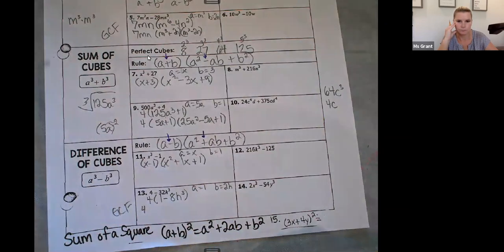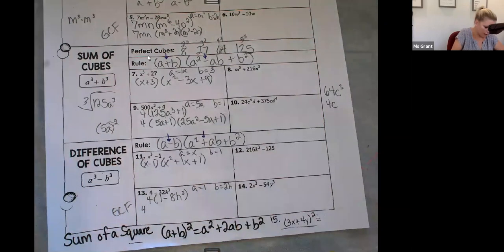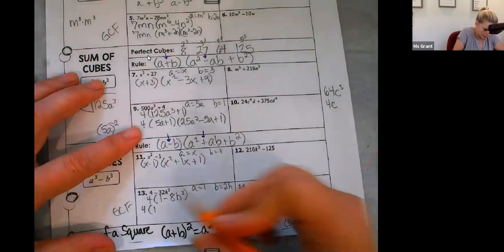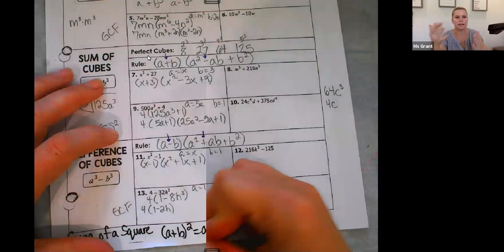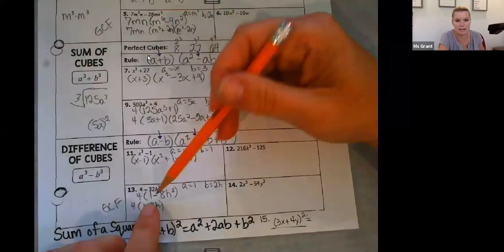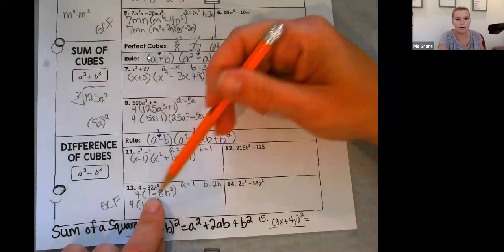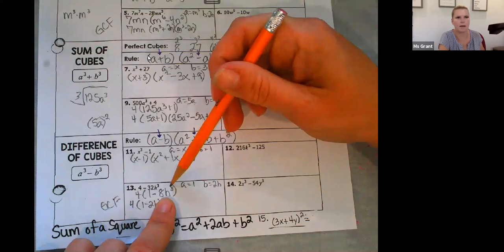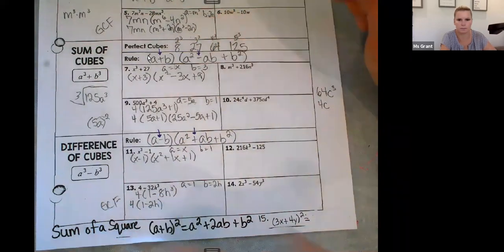So a minus b: 1 minus 2h. It's fine that it's written backwards. The ordering, you just look at what I've got. It just happened to be that my exponent came second. It does not make the problem more difficult.